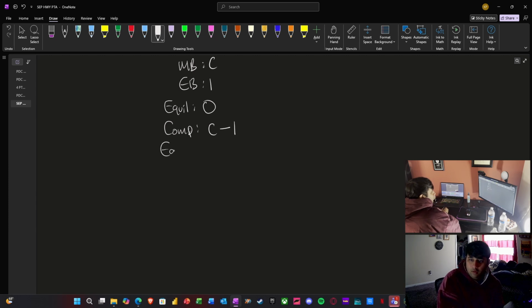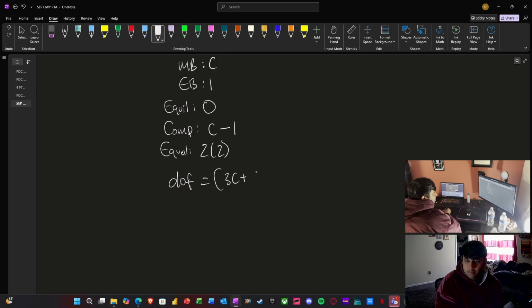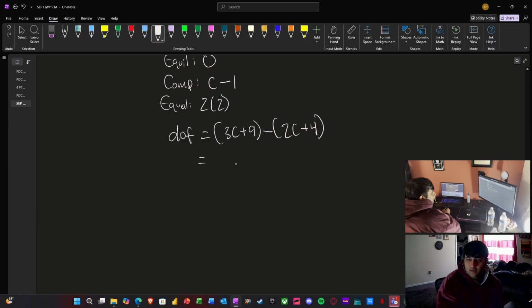And then our equality, which is just our temperature pressure, which is 2 times 2. So for our DOF, we get 3C plus 9 minus 2C plus 4. What we're left with is C plus 5.